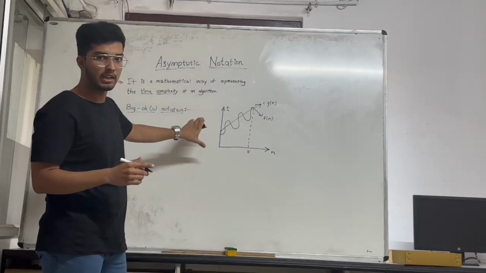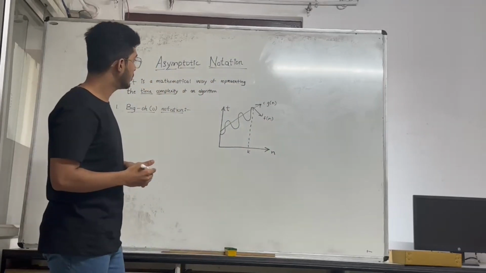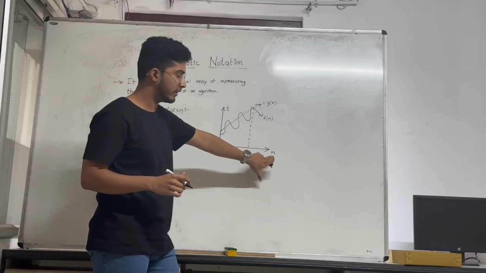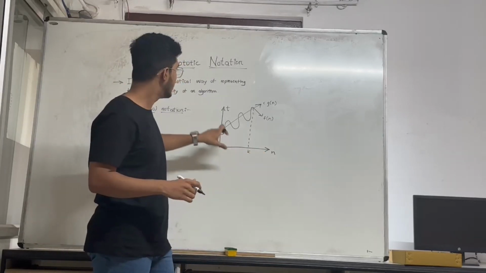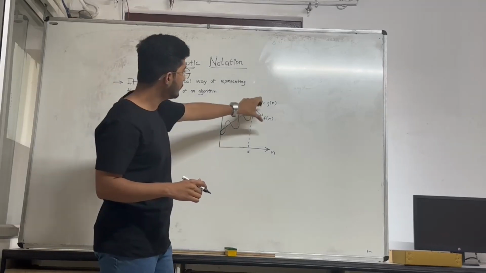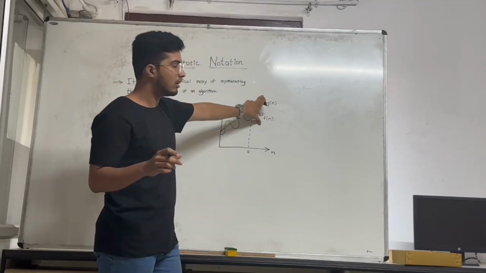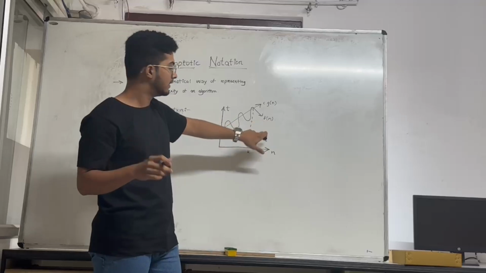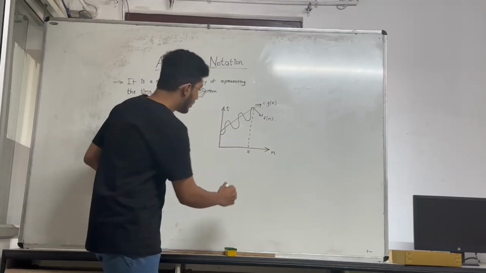This is basically an upper bound graph. Here the x-axis consists of n, which is an input variable, and the y-axis consists of t, which is time, and there are two functions, mainly c of g of n and f of n. Here k is a constant.